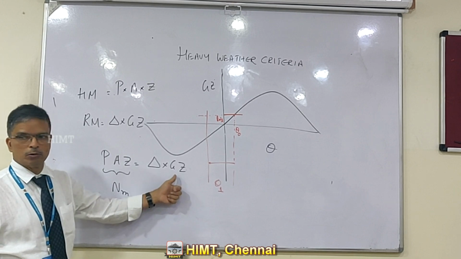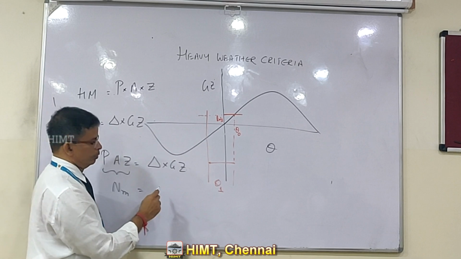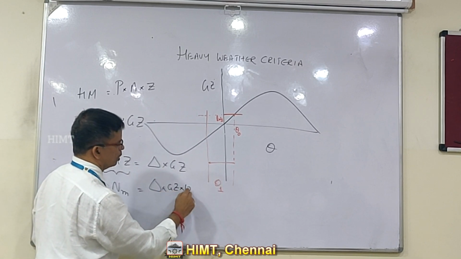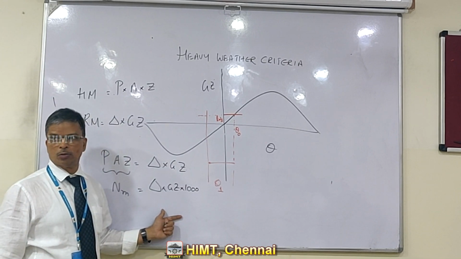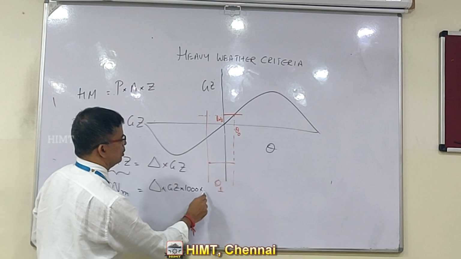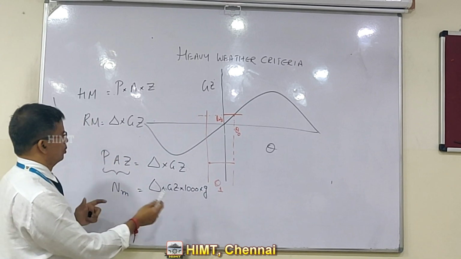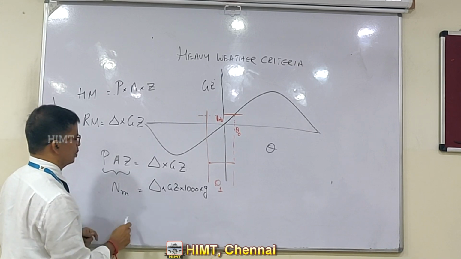So how do you turn this also to Newton meter? You have to multiply by 1000 to turn tons to kilogram, and you have to multiply by G, 9.81. So if you rewrite the whole thing, you will get this formula.